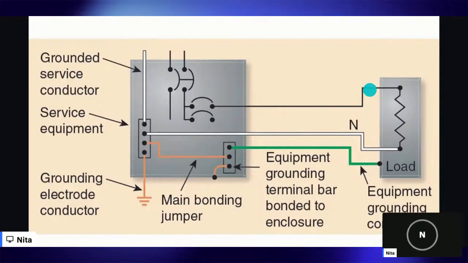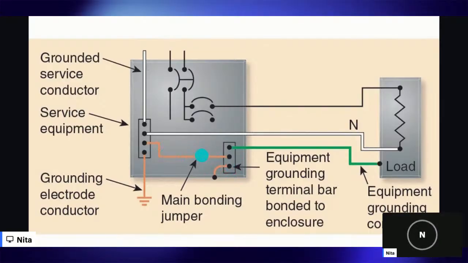If there's a fault or an issue, that is why we have our EGC, which will carry the current that has jumped out of line. It's supposed to be traveling back on the neutral. It's out of line, so we need our EGC to carry it back. It's going to terminate on that grounding bus bar.